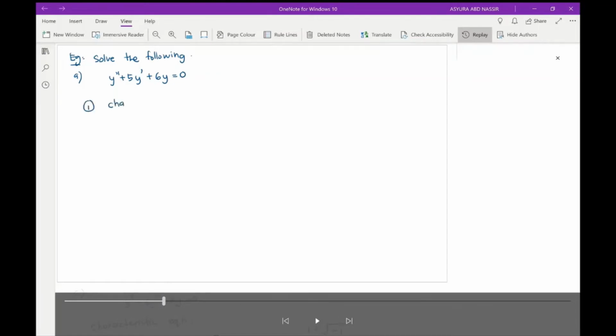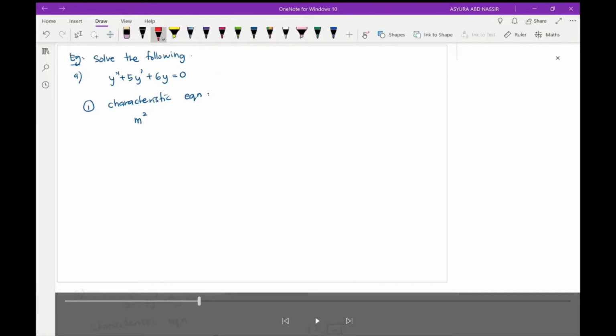Firstly, y double prime will be m squared, plus 5y prime will be plus 5m, and plus 6 equals 0. Next step is you will solve your quadratic equation using factorization.